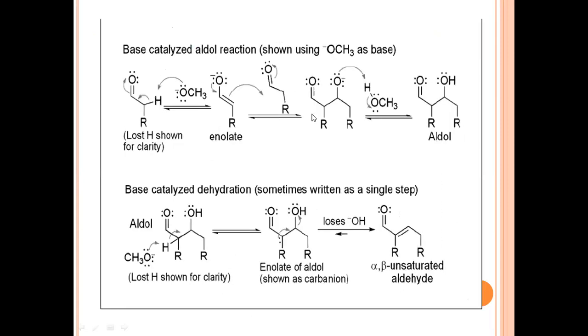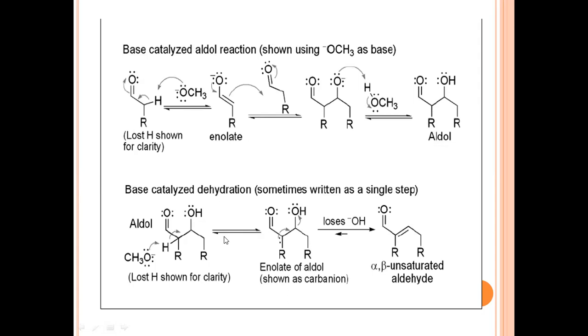Now the same mechanism is also associated with the ketone molecule, but the ketone will proceed for the aldol condensation in the presence of methoxide as a base. So this methoxide ion will be acting as a base in the aldol condensation reaction. They are also going to form the aldol with the same mechanism.